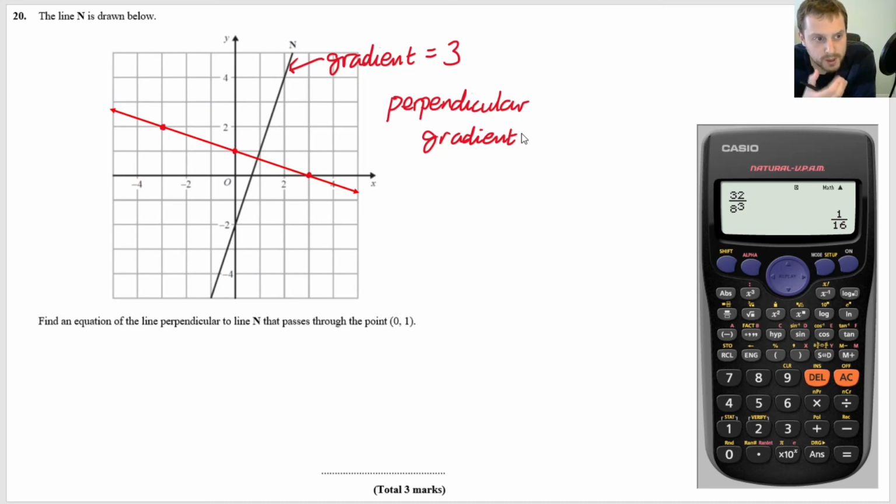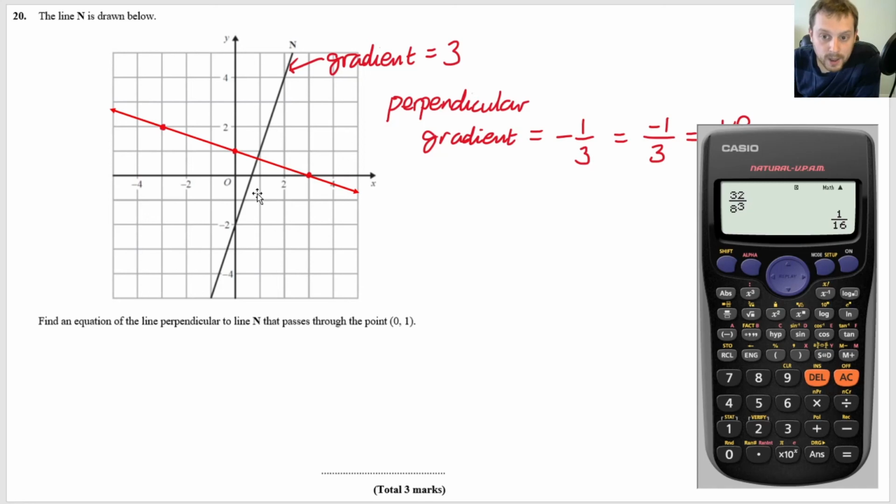If you want the gradient of the perpendicular, it's the negative reciprocal. Not just the reciprocal, but the negative reciprocal. So the reciprocal of 3 is 1/3. The negative reciprocal of 3 is minus 1/3. So you could think of this as being minus 1 over 3, and then this is how far up over along, because it's a gradient.